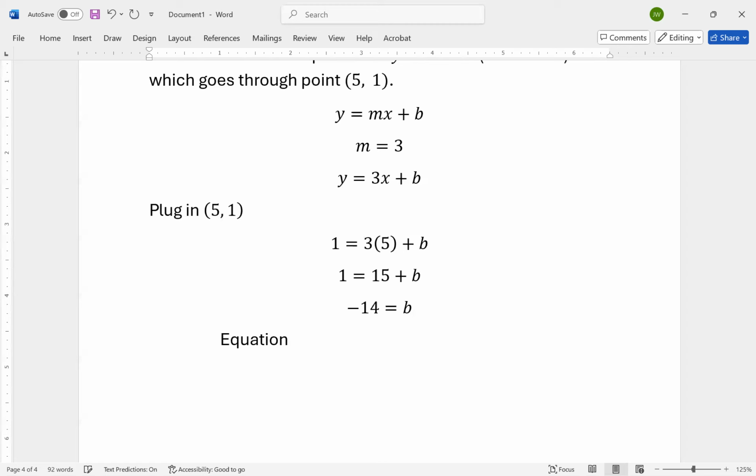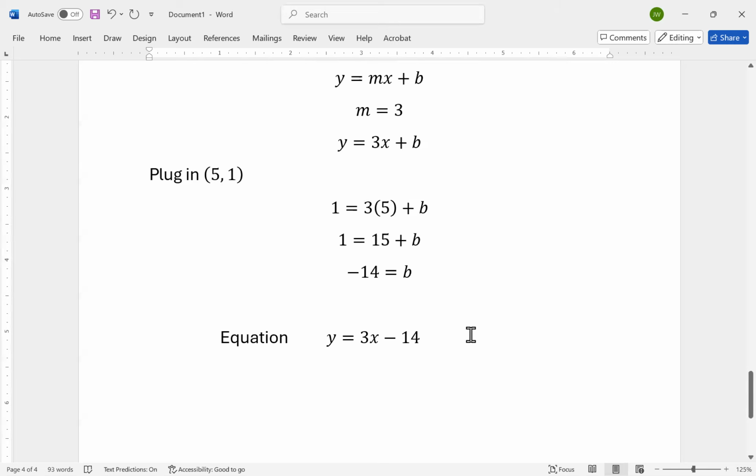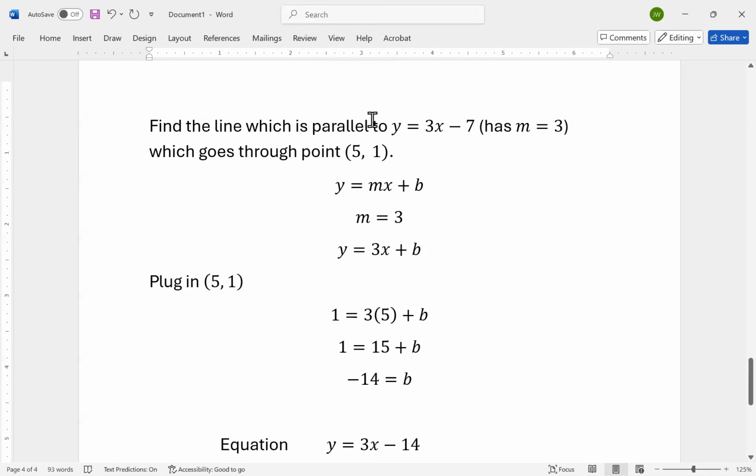The equation for this line is going to be y is equal to 3x minus 14. So there you go. Parallel lines have the same slope, and so we just use that fact to find the slope of the line I'm trying to find.